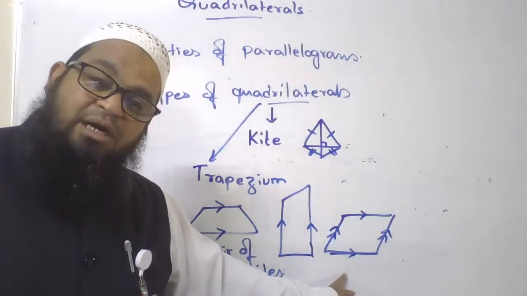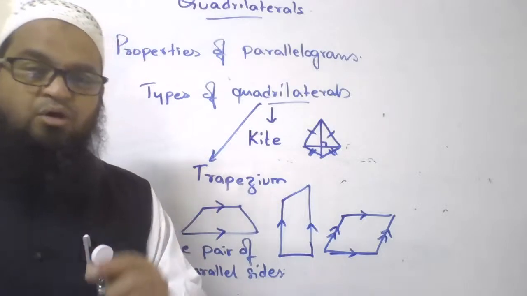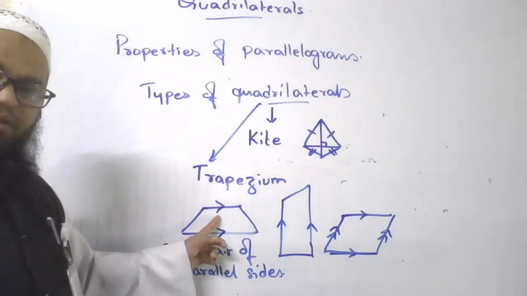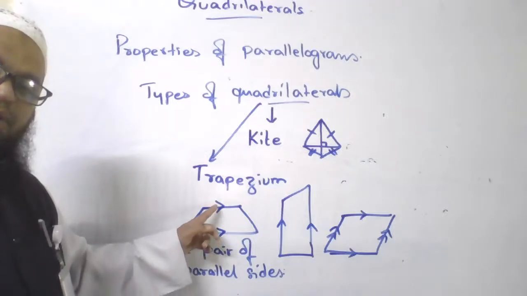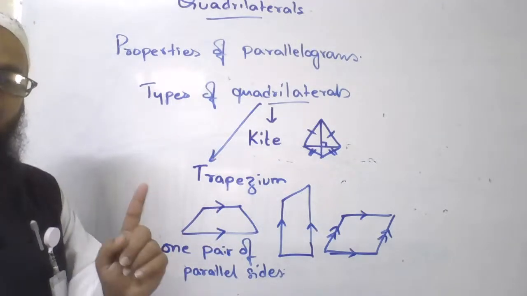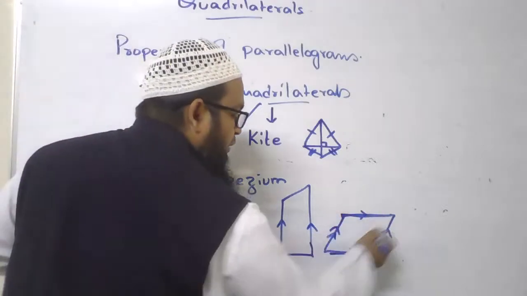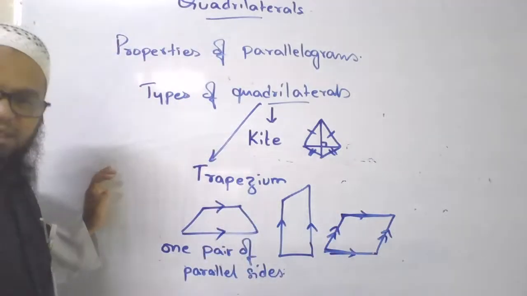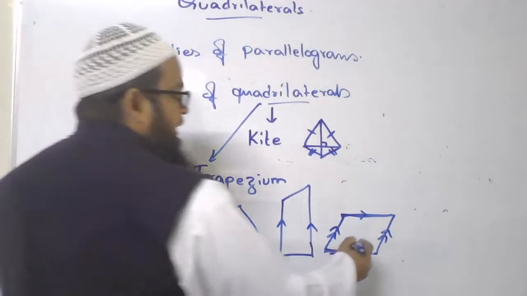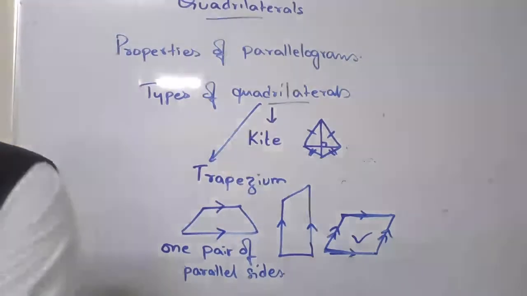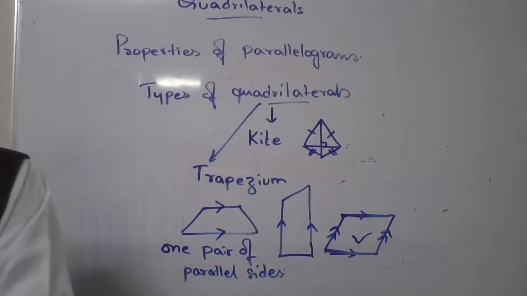Yes, we call it a trapezium, because what is the condition of a trapezium? The condition of a trapezium is you should have one pair of parallel sides. Now do you have here one pair of parallel sides? Yes, we have. So therefore, this is also a trapezium. Understood, my dear students? Good.